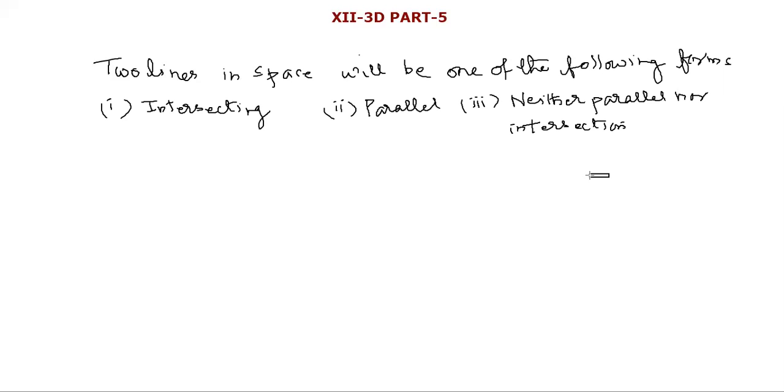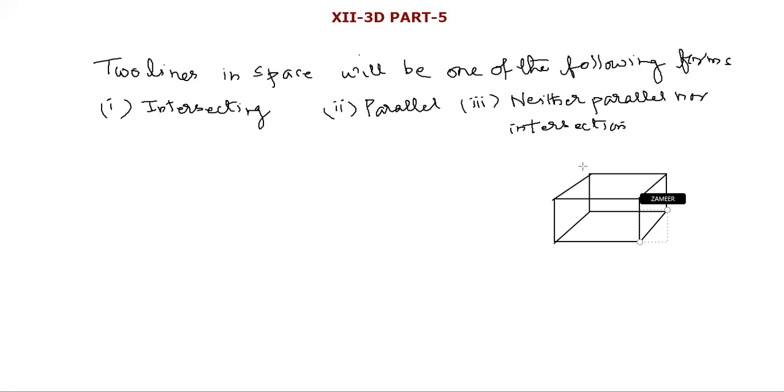Suppose this is the 3D system. How can you see the lines which are neither parallel nor intersecting?